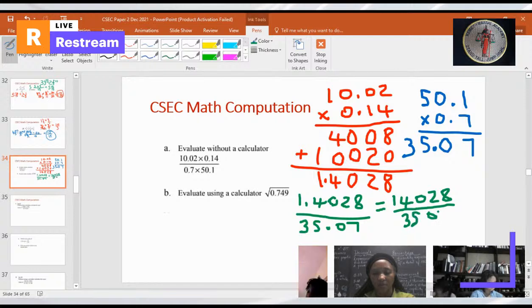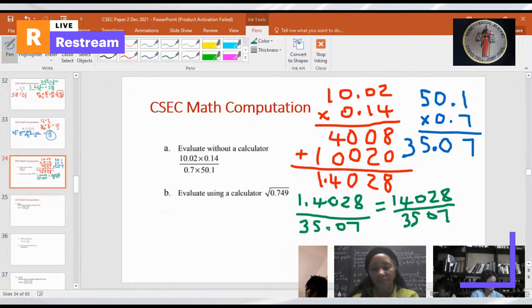Are you sure you're allowed to do that, to just ignore the two decimal points no matter where they are in the numbers? The way I know it is when you're dividing decimals, you want to clear the decimal point in the divisor, in the bottom number.